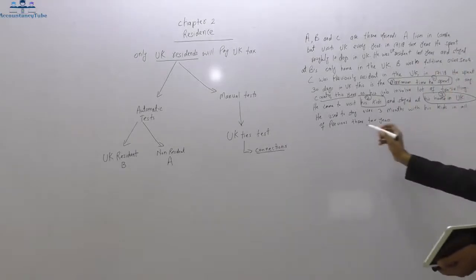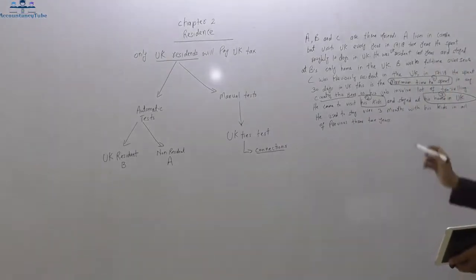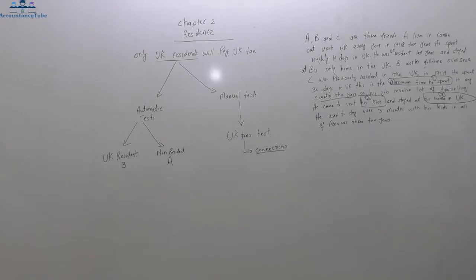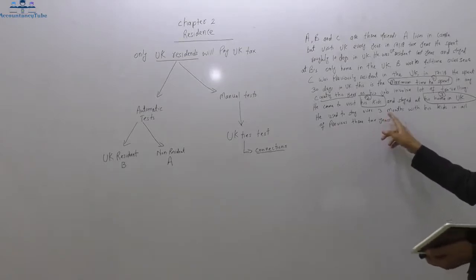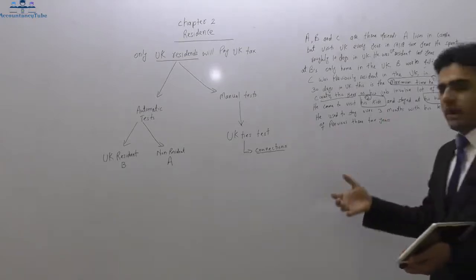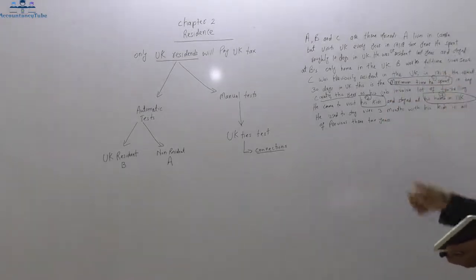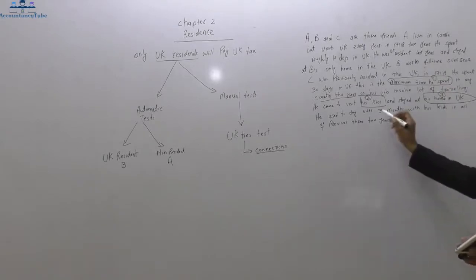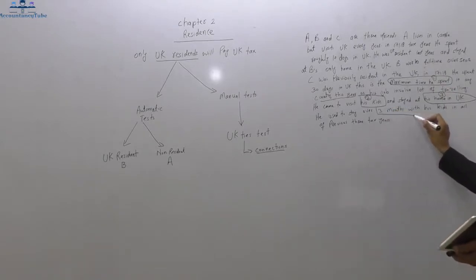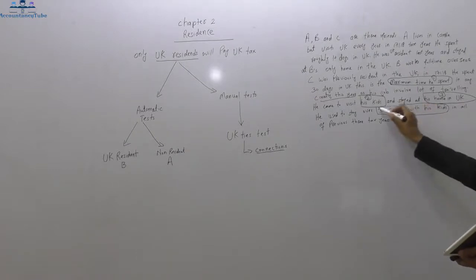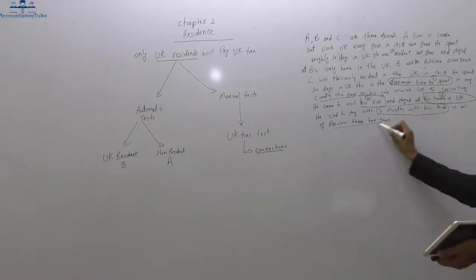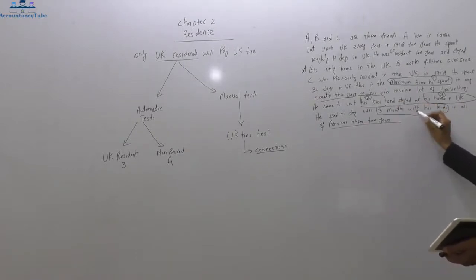So reading on, he used to stay over 3 months with his kids in all of the previous 3 tax years. Alright. Now when you spend more than 90 days in the previous 3 tax years, then that is another tie as well. So he spent over 3 months in all of the previous 3 tax years. So that is basically the 4th tie.